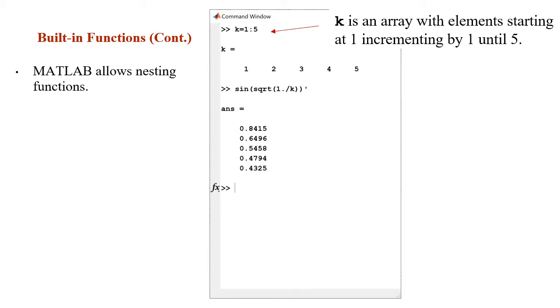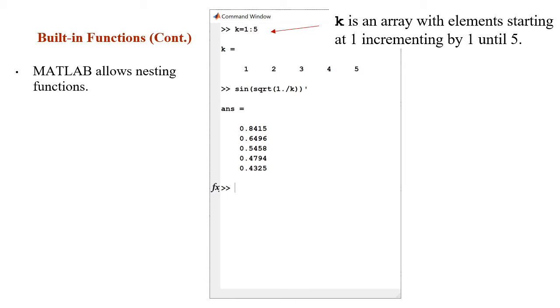So we're not dealing with k as a matrix, but we're dealing with it as individual elements. So the square root of 1 divided by each element in k is taken.